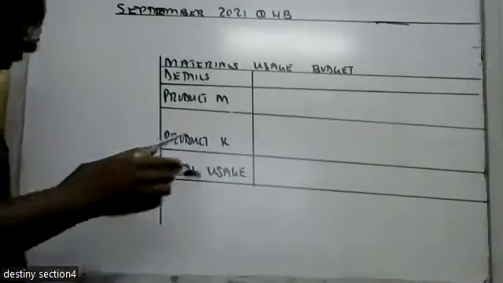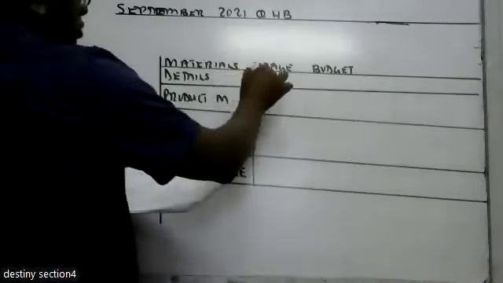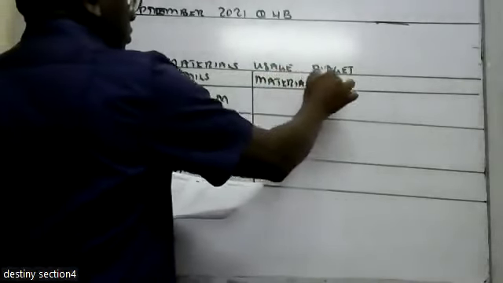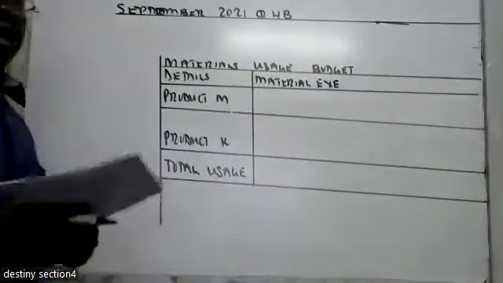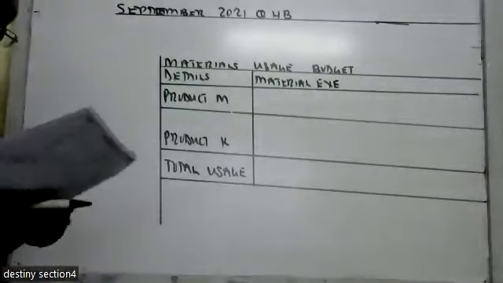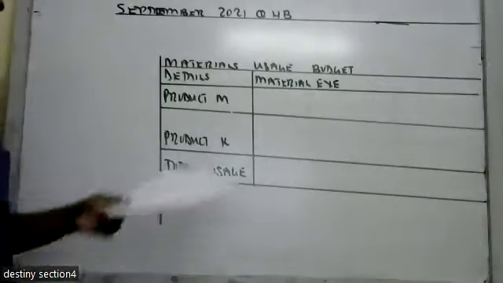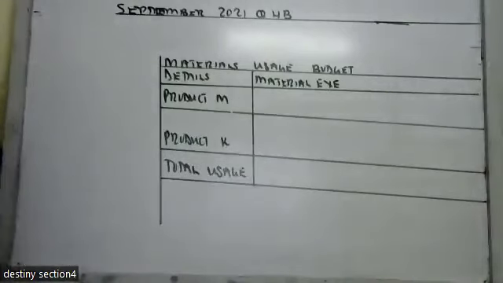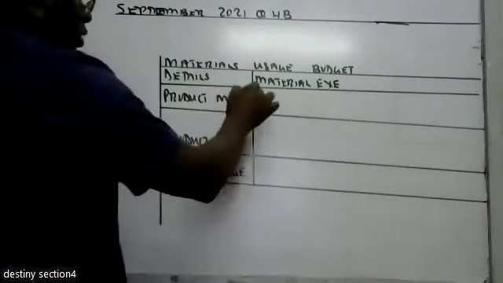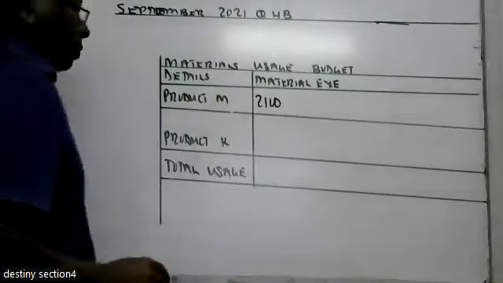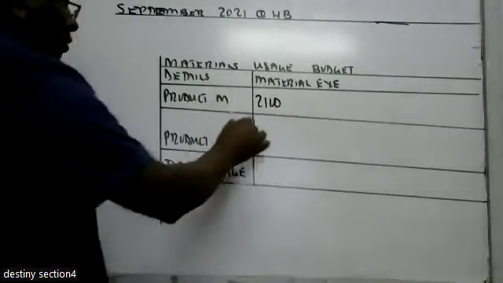So let's start with material X. You go back up to the production budget. Product M, we said we are producing how many units? 2100. And product K, we said we are producing 1450.